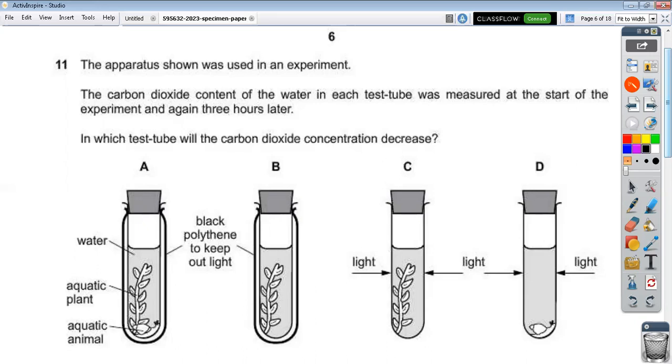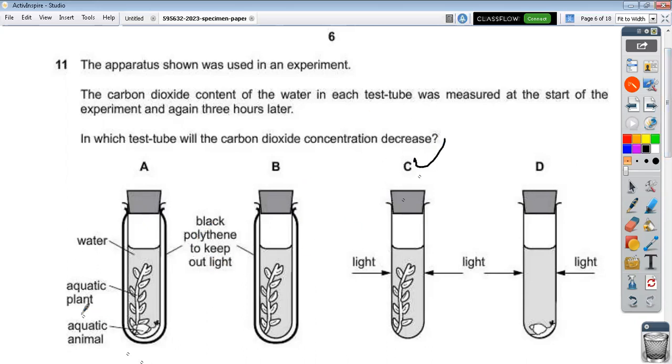What's the answer? Is it C? C. Correct answer.